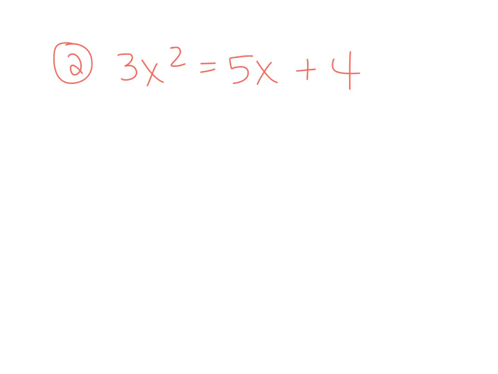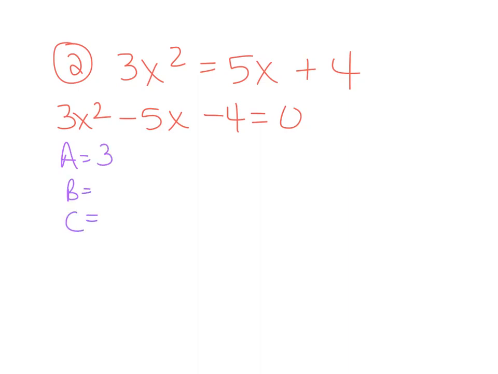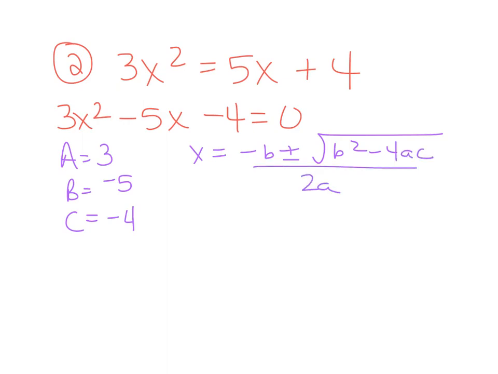All right, so the first thing I would do is I would make this 3x squared minus 5x minus 4 equals 0. Then I'm going to do my a, b, and c. A is 3. B is -5, C is -4. I'm going to write my formula. X equals -b plus or minus the square root of b squared minus 4ac all over 2 times a.